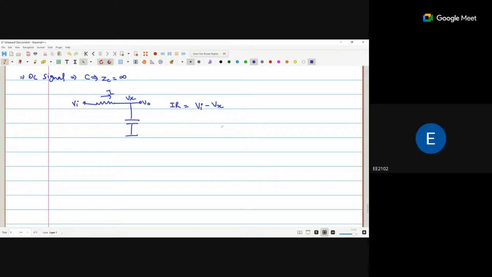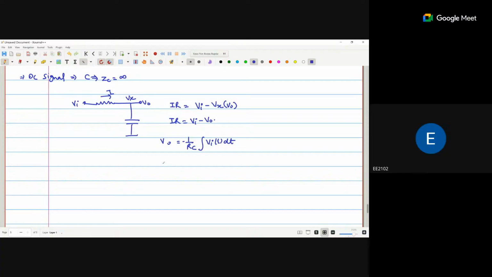And we know that Vx is nothing but the V naught. So IR is Vi minus V naught. And V naught is 1 by RC integration of Vi dt with a minus sign.